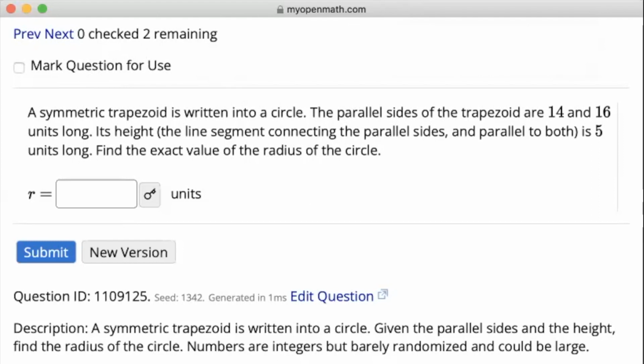This is a very stubby, short, and thick symmetric trapezoid because the height is very short compared to the parallel sides. But if it's inscribed in a circle, then it's a good trick to actually start with the circle.